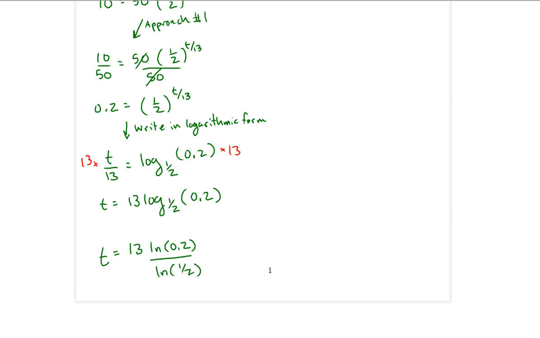We're using this property: the log base b of a is equal to the natural log of a over the natural log of b. That's the property we're using to get to here. And when I put that into my calculator, I get 30.2 hours.